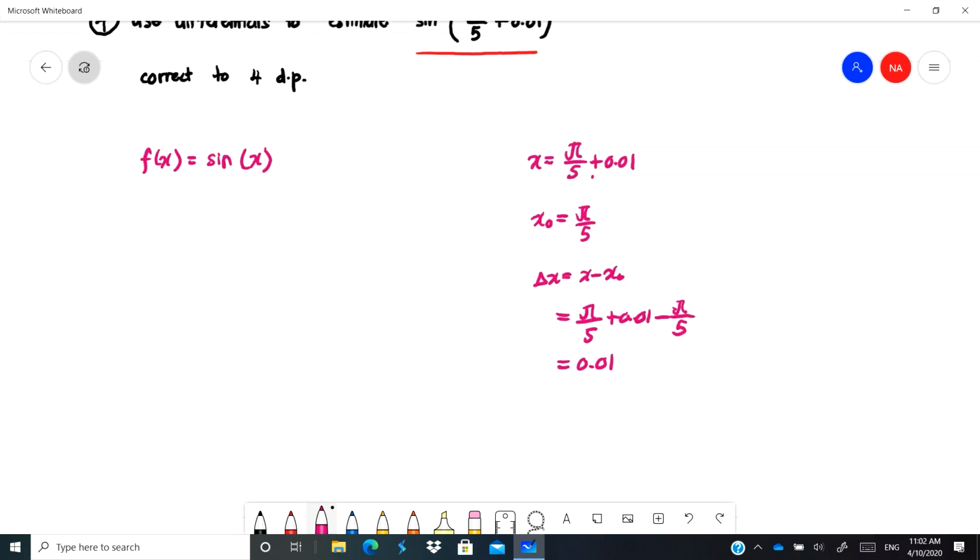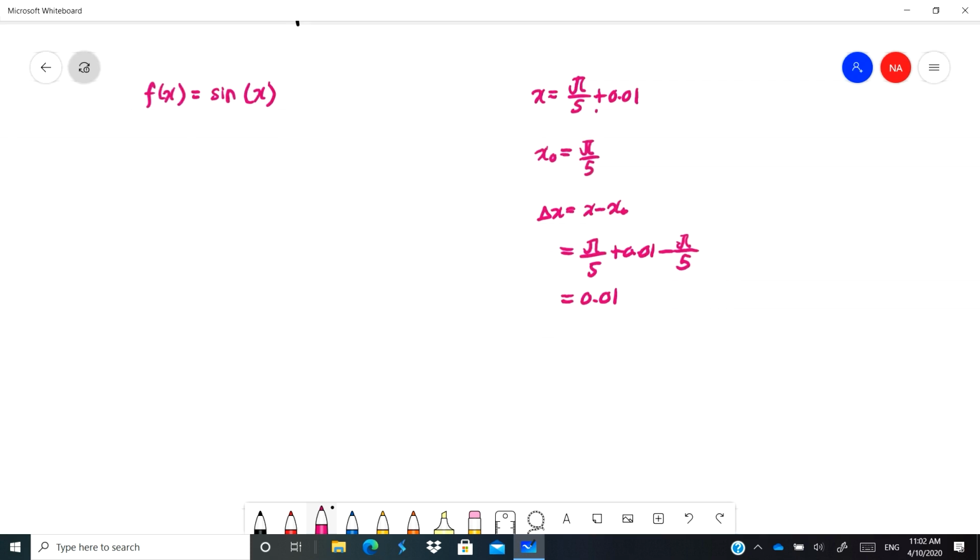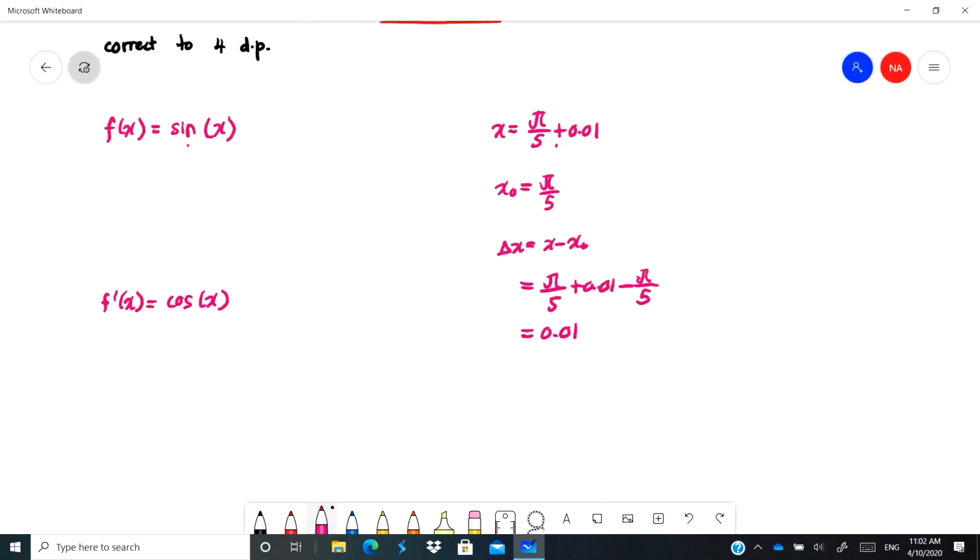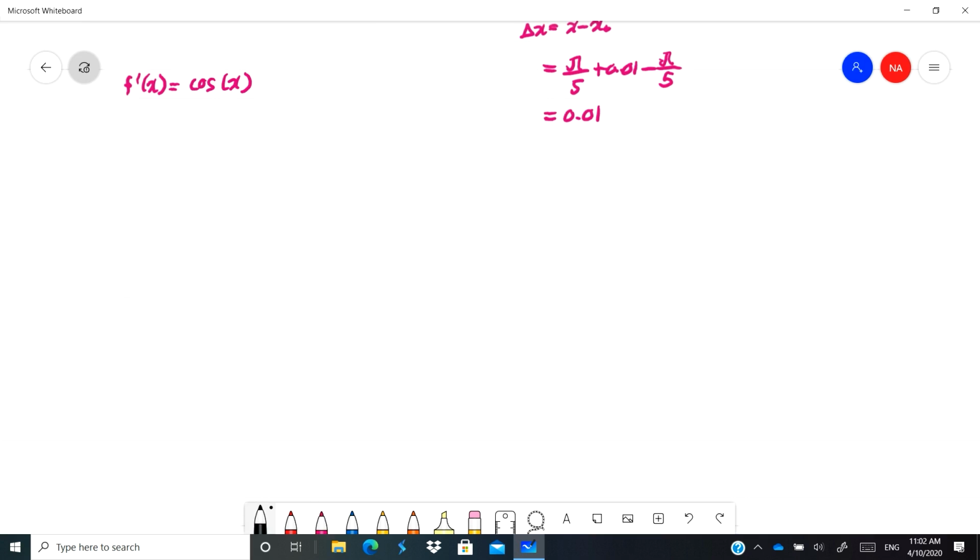We note that we have to find f(x) and also f prime of x. f prime of x is given by differentiating sine, so we'll get cos of x. Firstly, we'll write the formula: f(x) is approximately f of x naught plus f prime of x naught delta x.